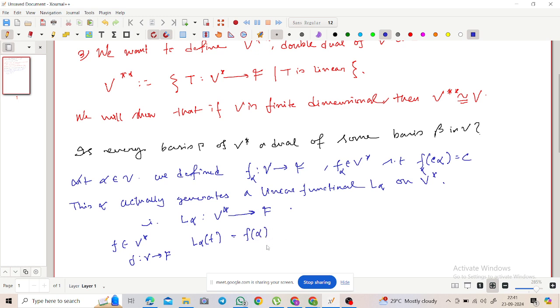Do you understand the map? First tell me, do you understand what is L alpha? Alpha is fixed, and we are evaluating every linear function at alpha.